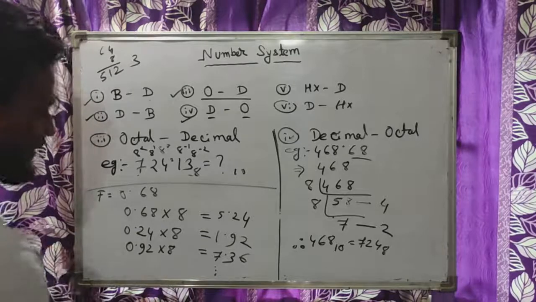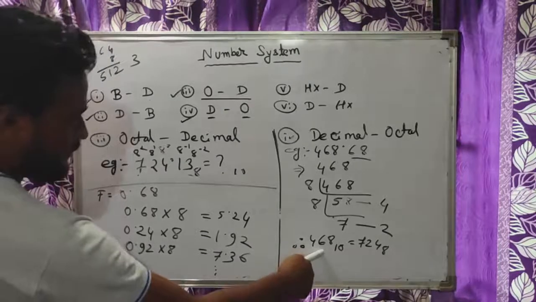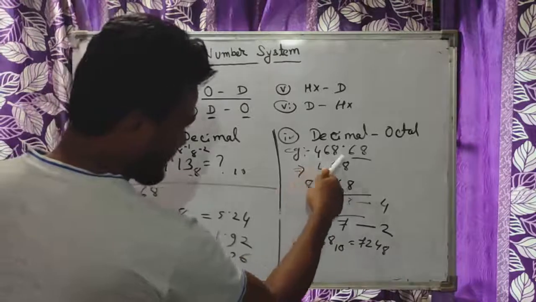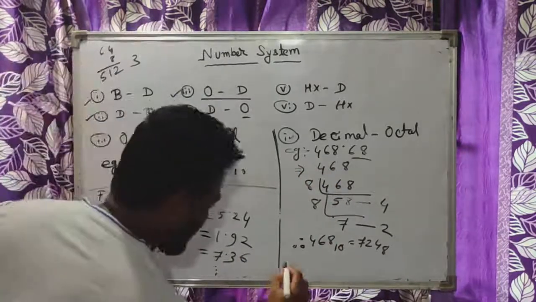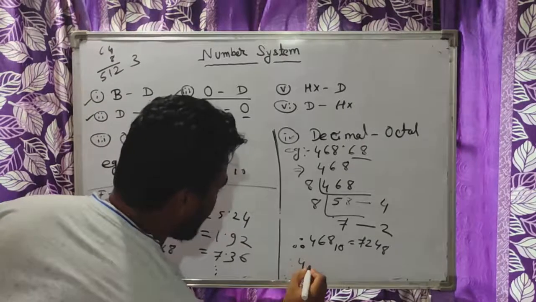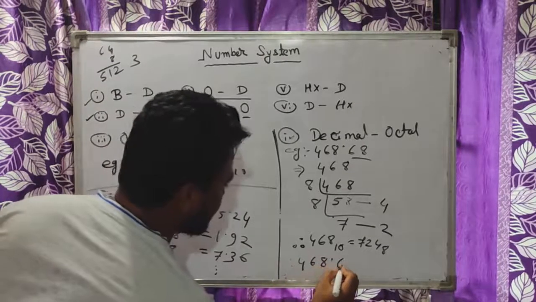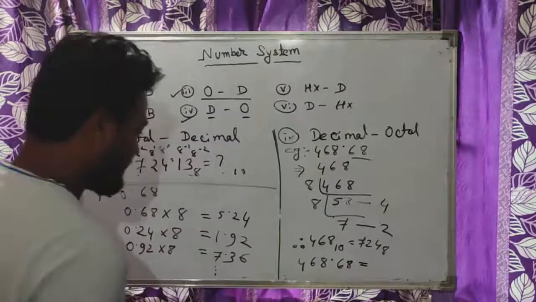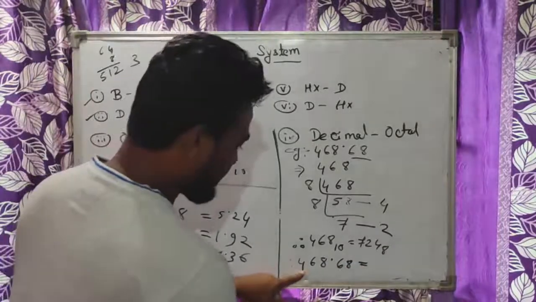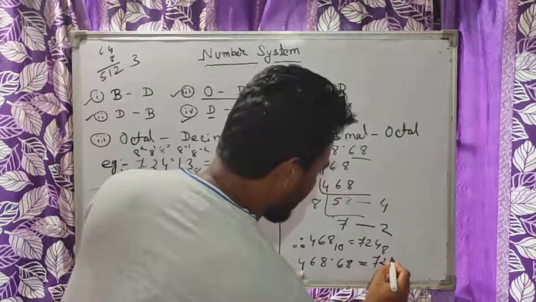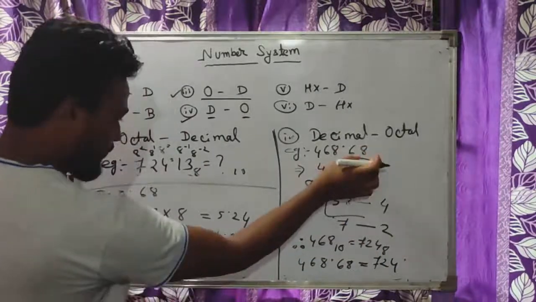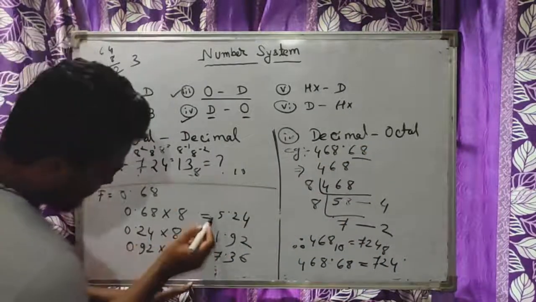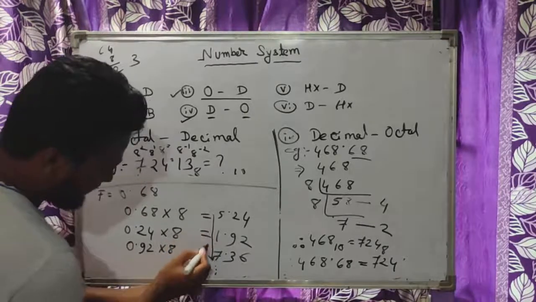So ultimately in our octal number the integer part is 724, right? So what we can write here: 468.68 equal to, for this integer portion we are getting 724 point, and for the fraction part, that means for 0.68, we are getting 517. It will go on like this.